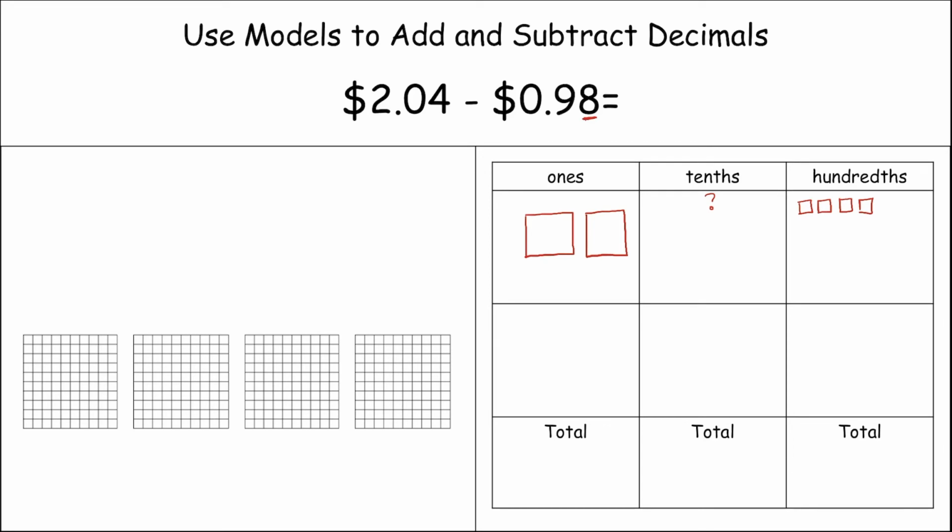Nothing there. But can the tenths go and borrow from the ones? Yes. So I'm going to cross out the ones and bring it right here. And remember, within the ones, there are 10 tenths. So 1, 2, 3, 4, 5, 6, 7, 8, 9, 10.